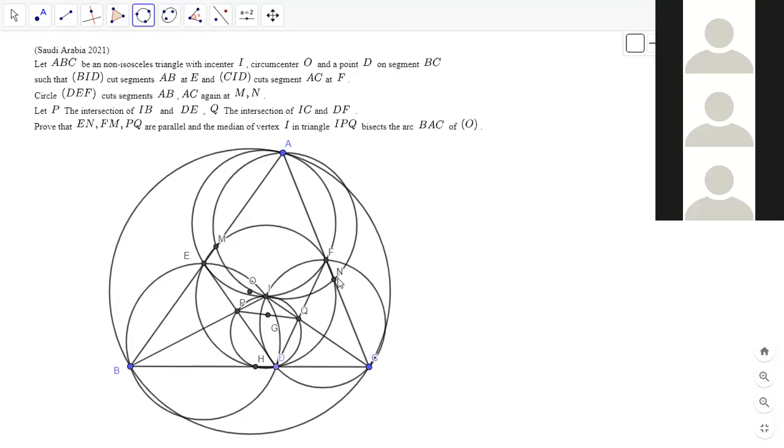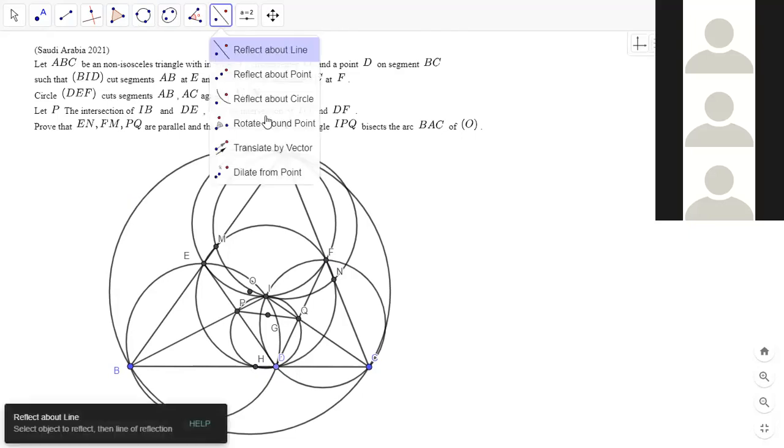Similar to what I have proved before, so that N is the reflection of D over CI, F is the reflection of H over CI, and S, Q, E are concyclic, so that N, Q, H are collinear. Okay, so H and E are reflections over BI, and D and F are reflections over CI. That's what you're saying, or D and N? Yes.